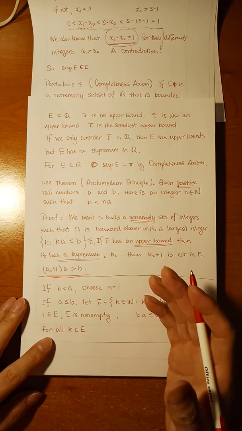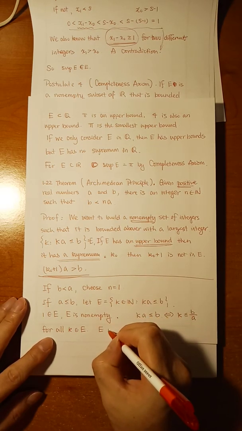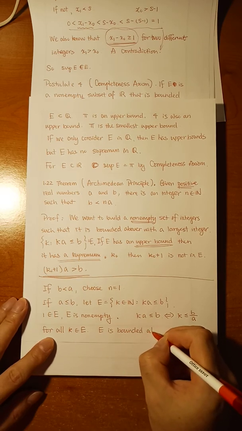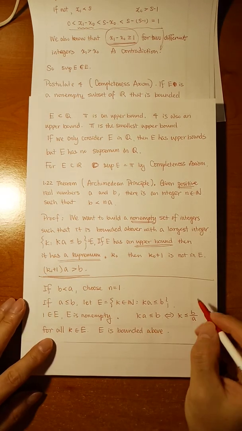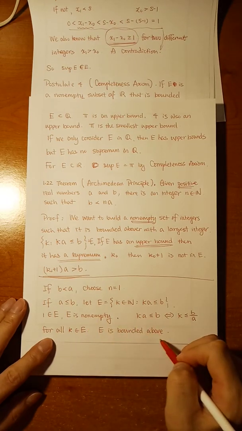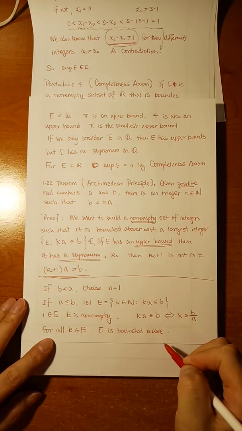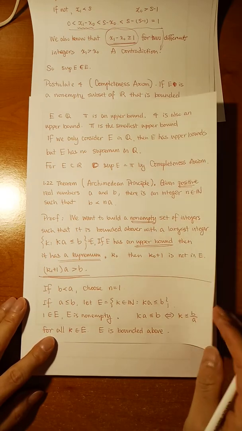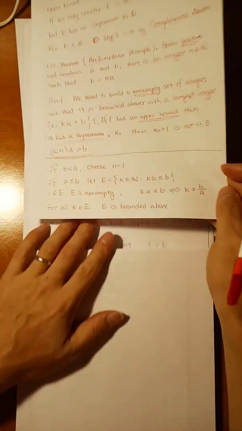So what? E is bounded above. Non-empty, bounded above. If you want, you can say this is one of the upper bounds, but it doesn't matter.